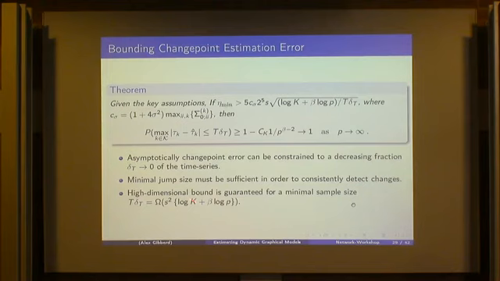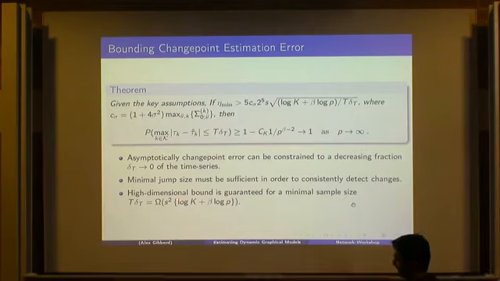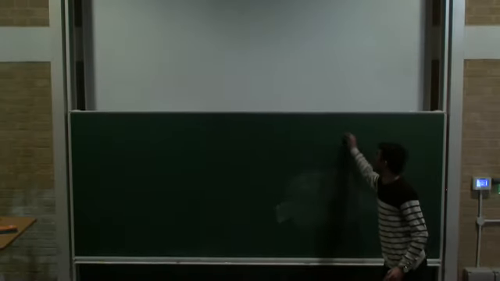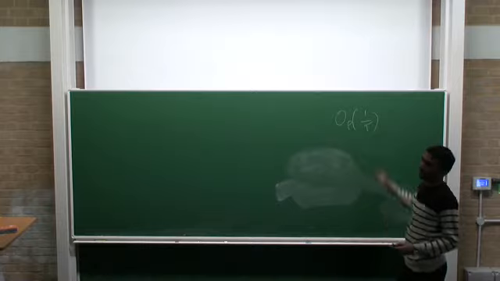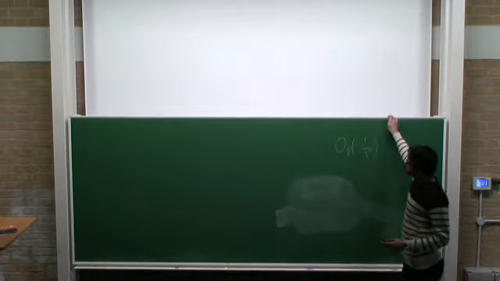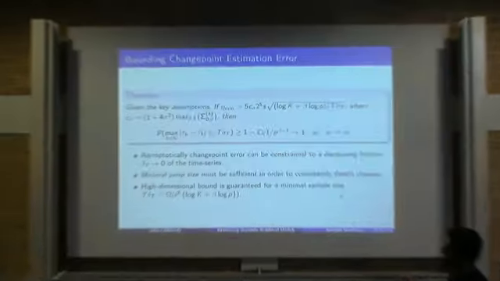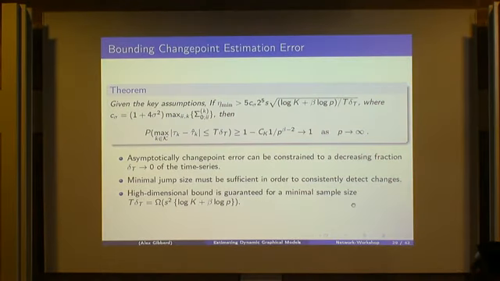Now, in classical change point estimation, the rate is typically of order 1 over T. What you are getting in this case is, if you take the T on this side, you get a T here, but you have a log factor on the top also.